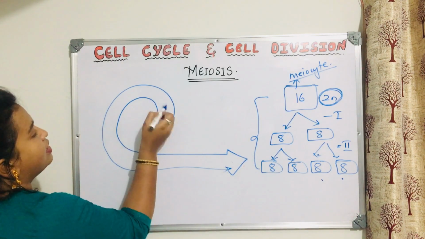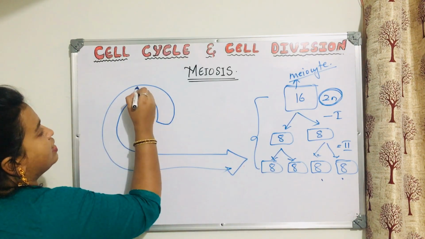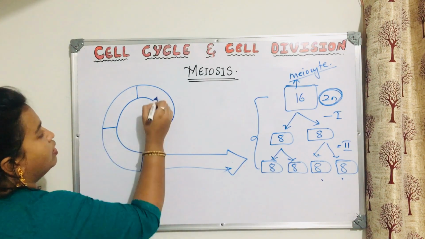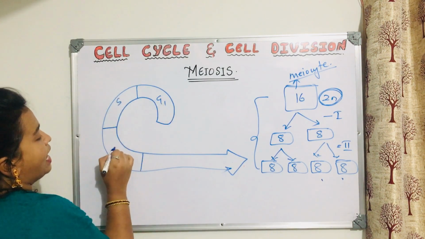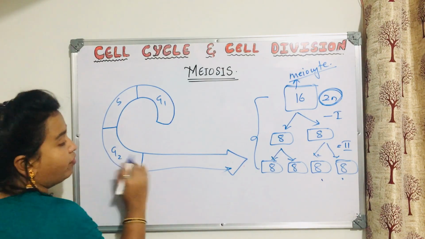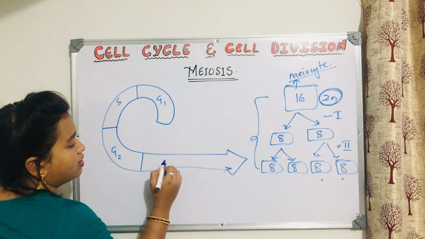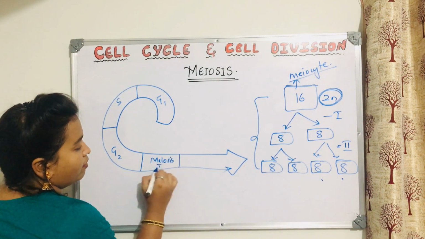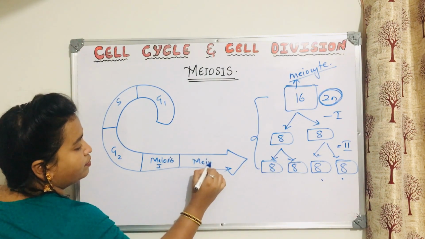Now let us consider this is interphase. Interphase is divided into what? G1, S and G2 phase. And after that, when it starts meiosis, this is meiosis 1 and this is meiosis 2.